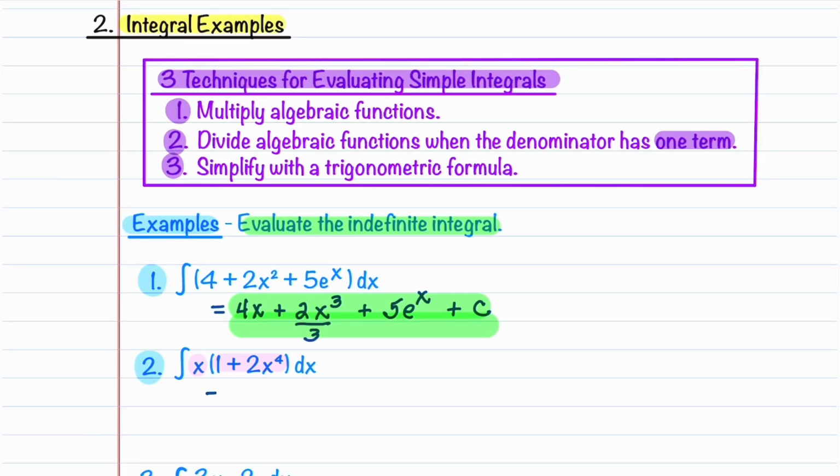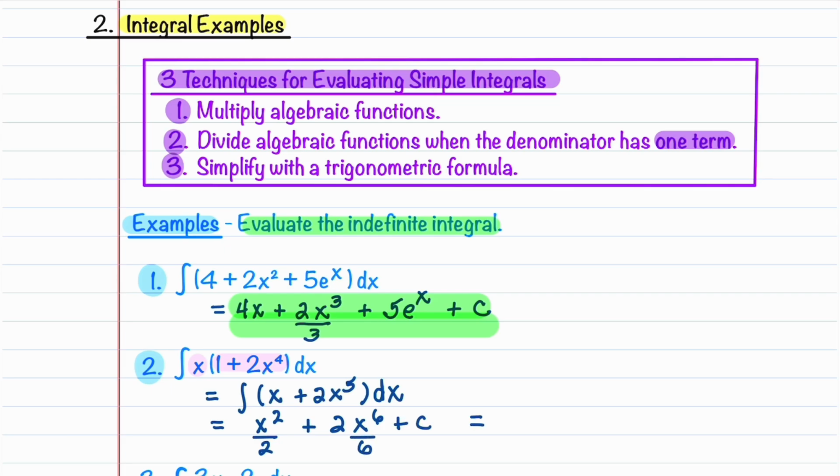This gives us the integral of x plus 2x to the fifth. We're just multiplying the x through. Now we can go ahead and do the integration. The integral of x is x squared divided by 2, and then we have a 2 times the integral of x to the fifth, and that's x to the 6 over 6 plus c.